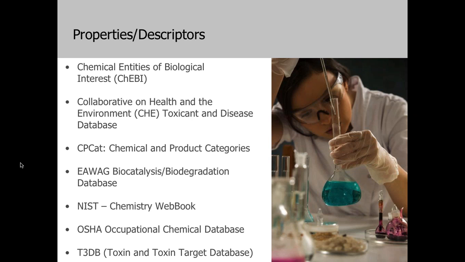Last in this category would be the toxin and targets database, and it contains information on about 3,800 different toxins. It includes toxin targets, chemical properties, toxicity values, molecular and cellular properties, and medical information.